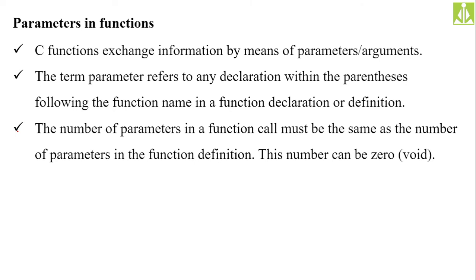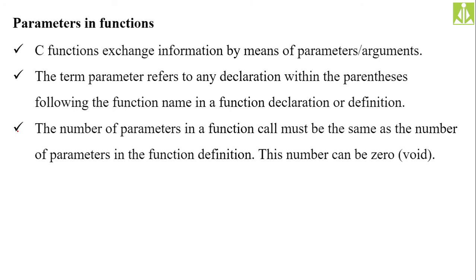For these local variables, we can achieve access between the functions with the help of parameter passing. These parameters are helpful to achieve communication and data sharing between the functions. The term parameter refers to any declaration within the parentheses following the function name.